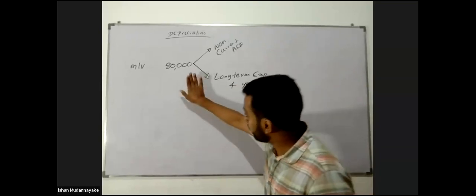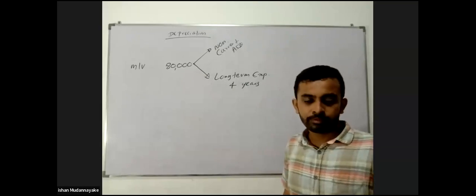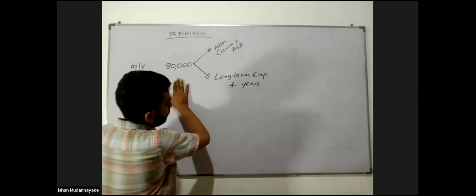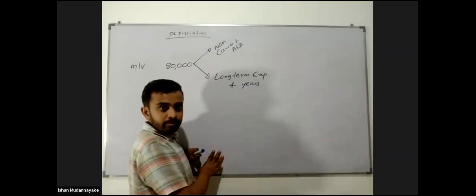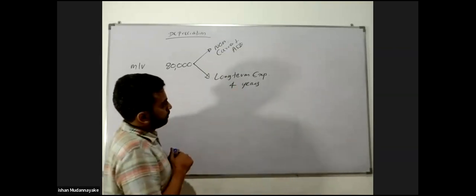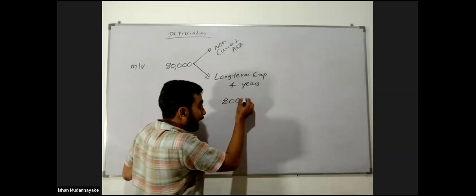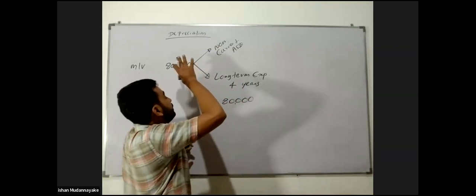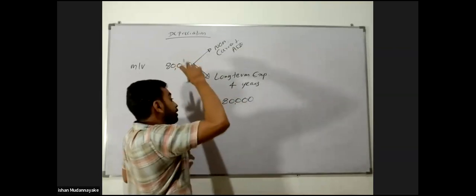Long-term expense is how much? 80,000. This 80,000 motor vehicle we can use over 4 years. So we can calculate annual depreciation like this.